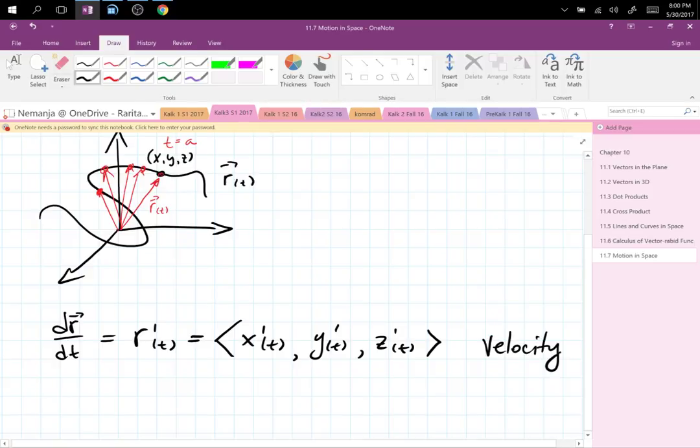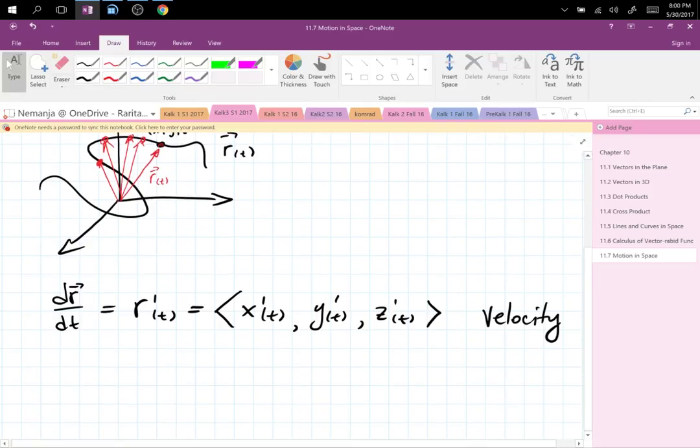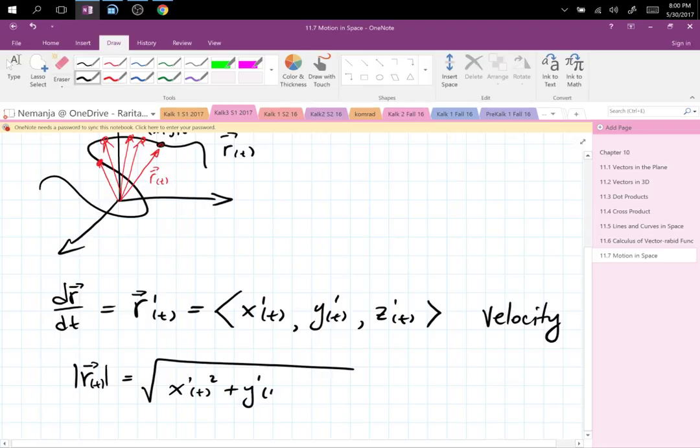Remember that vectors have direction and magnitude. Now we can find the magnitude of the vector, which is the good old square root of x prime of t squared plus y prime of t squared plus z prime of t squared.